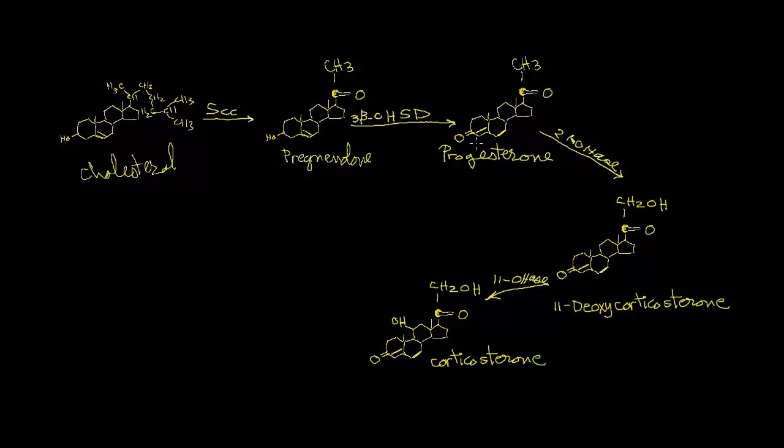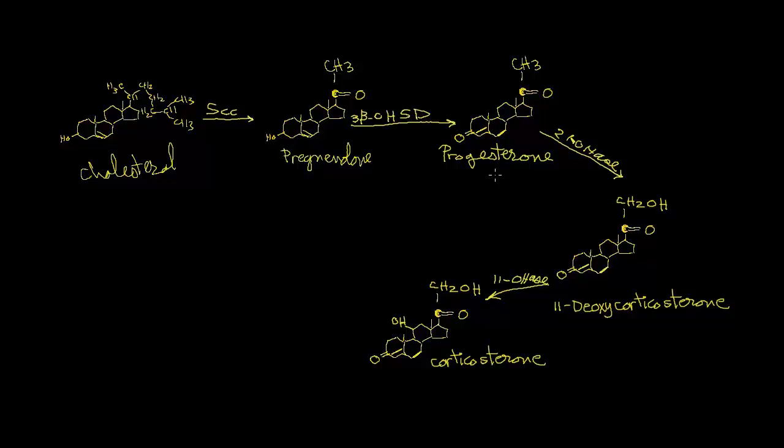pregnenolone is converted to progesterone by the 3-beta-hydroxysteroid dehydrogenase, which converts the OH group, which is attached to carbon number 3, into an oxo group. Also, the enzyme possesses an isomerase function, thus converts the double bond between carbon 5 and carbon 6 in ring B to a double bond between carbon 4 and carbon 5 in ring A. So progesterone is produced that way.